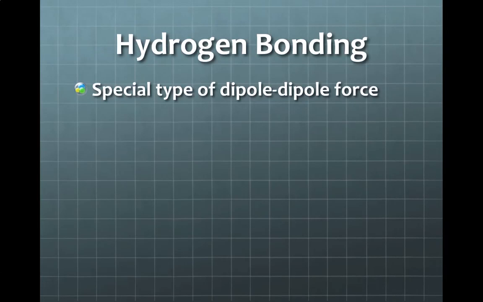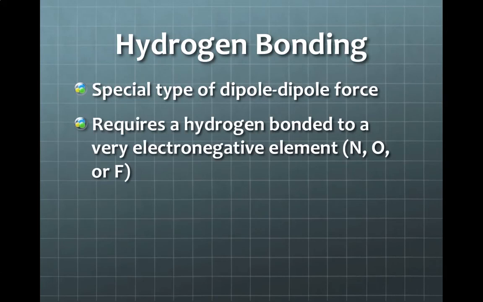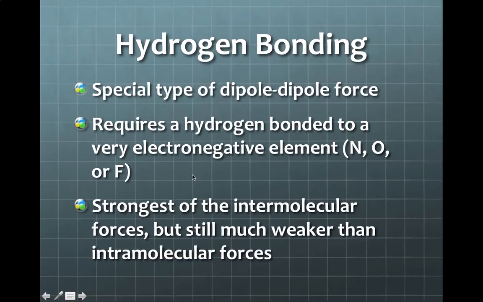So with hydrogen bonding, this is a special type of dipole-dipole force, and the reason it's special is because it's so much stronger. It requires, here's where the bond part comes in, so I know where they're getting it. I just don't like that they're using that term. We have to have a hydrogen, and that hydrogen has to be bonded in a molecule to a very electronegative element, and that's either going to be nitrogen, oxygen, or fluorine.